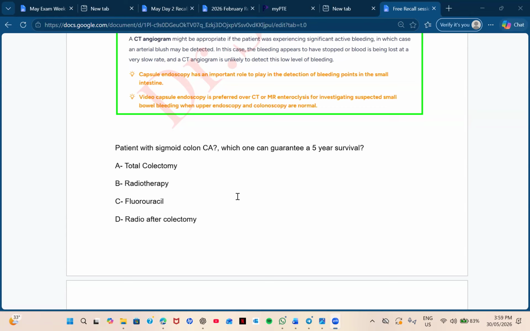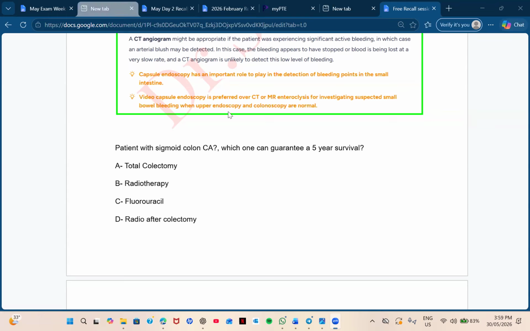Okay, if you have the best treatment and this sigmoid colon cancer is actually resectable, are we going with other therapies like radiotherapy, fluorouracil? If you have the main treatment in one hand and other adjunct treatment like radiotherapy, fluorouracil in the other hand, what do you choose?